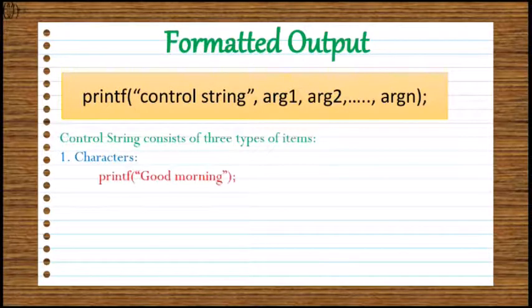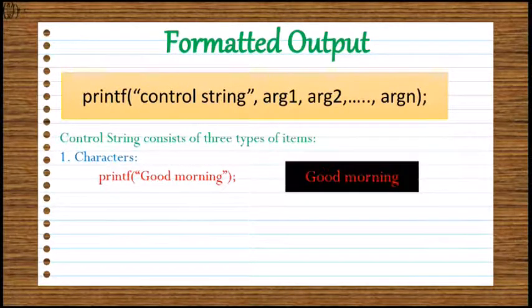For example, printf, then open bracket, and in the control string we have written good morning. So on the output screen the good morning message will get printed. So basically the control string is used to print the characters present in it.